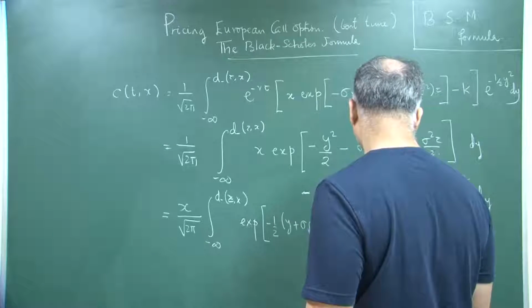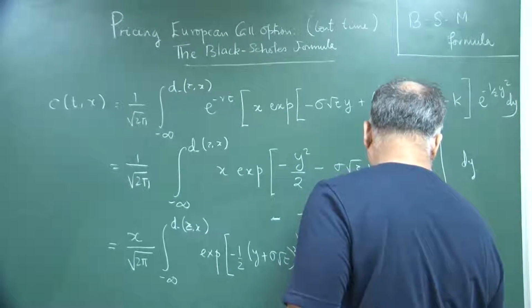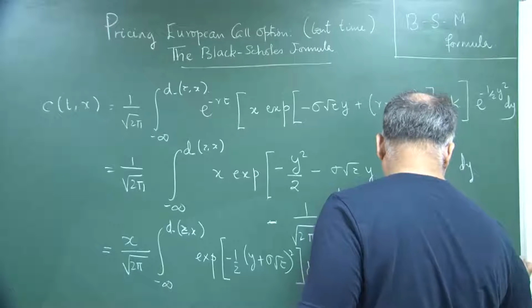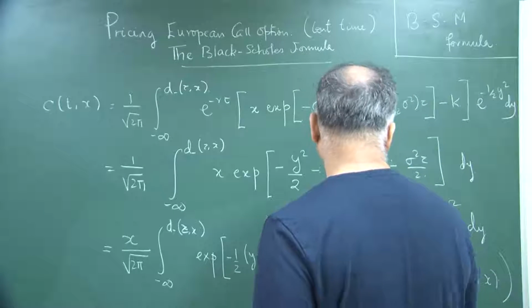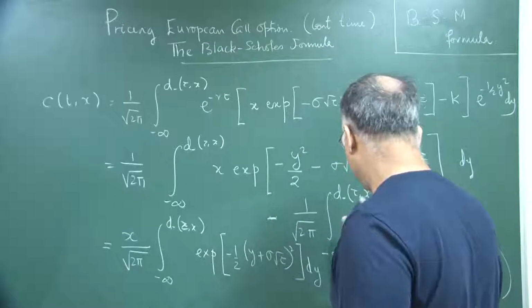the cumulative distribution function of the normal distribution, which is standard all over the world to write as phi of d minus tau x. So, probability that y is less than or equal to d minus tau x.